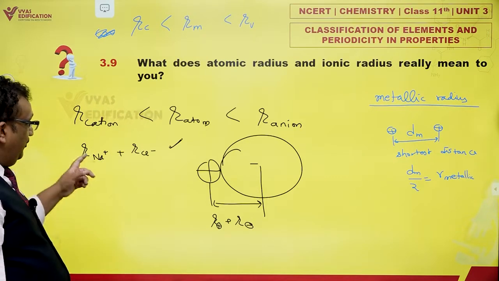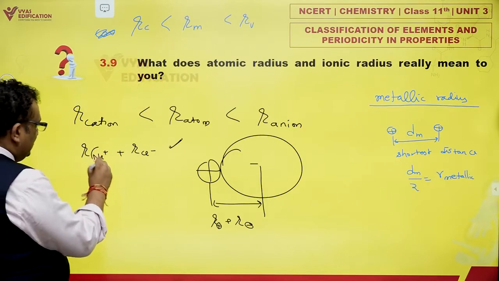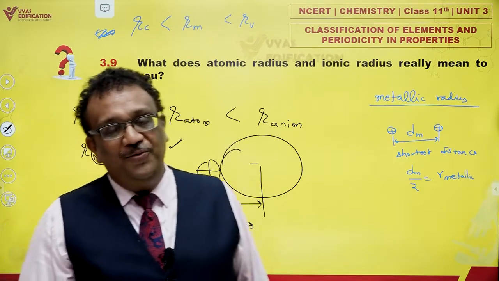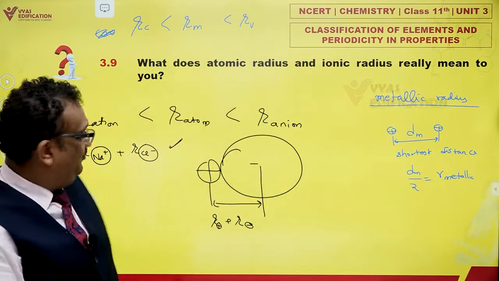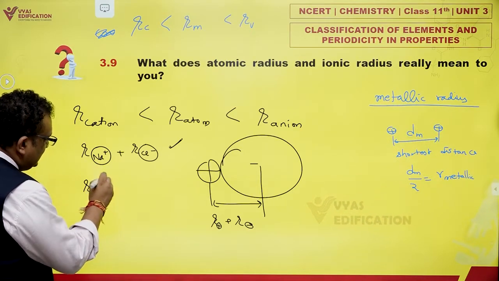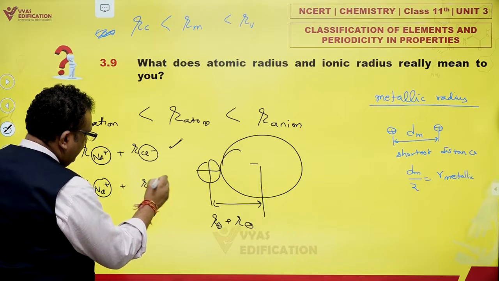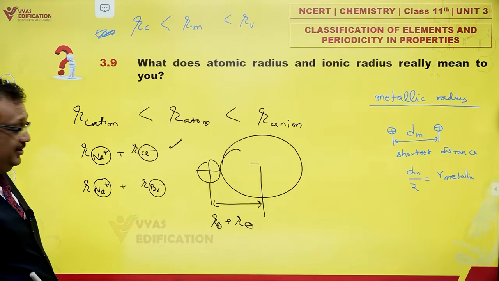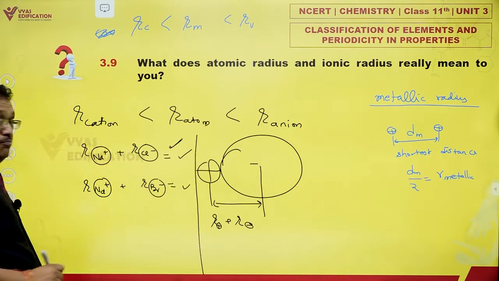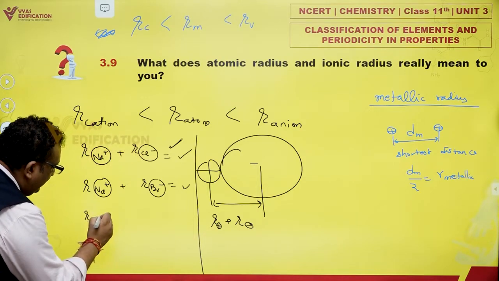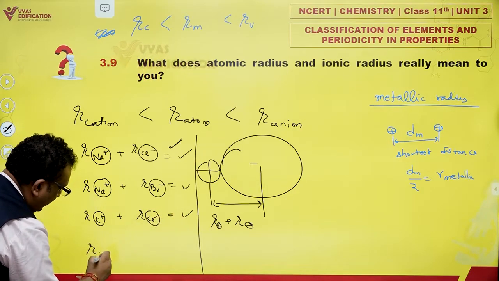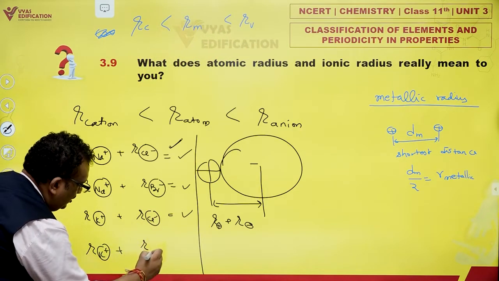But then you will say, but I don't really have individual values of Na plus and Cl minus. Okay, that's fine. We could actually try more. Just see, instead of this, we could also determine radius of Na plus and Br minus together. Yes, we can. These are the values I can experimentally measure. Then I could get potassium chloride also, and I could get potassium bromide also.